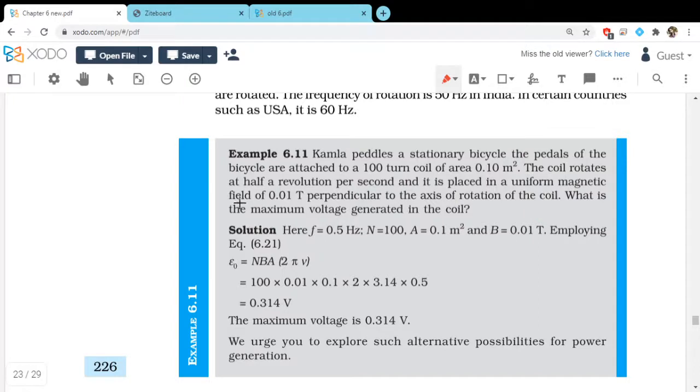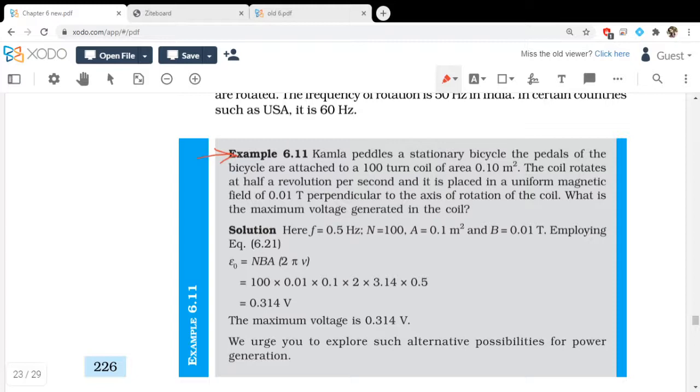The coil rotates at half a revolution per second, and it is placed in a uniform magnetic field of 0.01 Tesla, perpendicular to the axis of rotation of the coil. What is the maximum voltage generated in the coil? So this is the case of the AC generator.